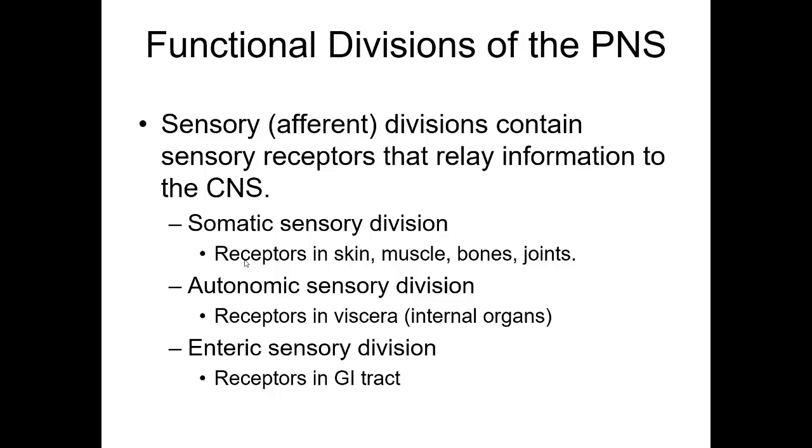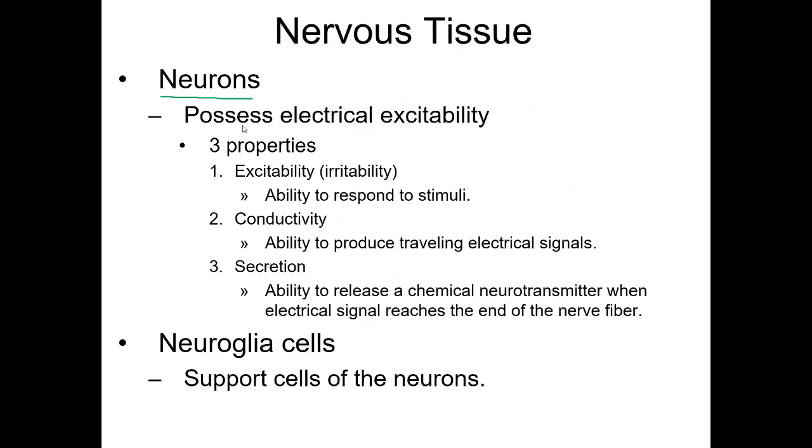Now, when we talk about nervous tissue, we have to discuss its structural and functional unit, which is a neuron. Now, the neuron is a special cell, one, because it cannot reproduce by mitosis, and it has 3 exclusive properties. One is the property to be excitable.